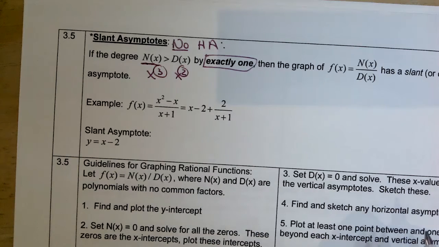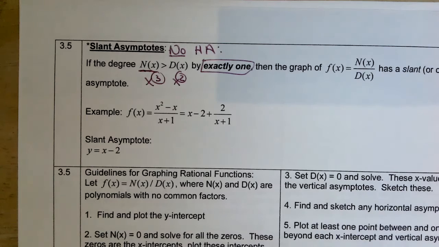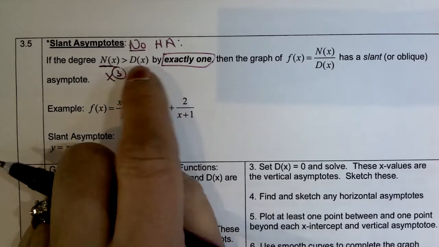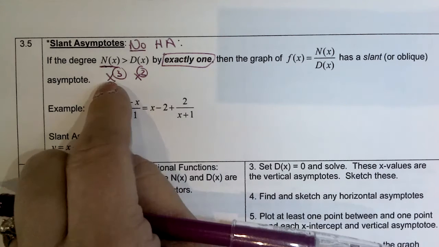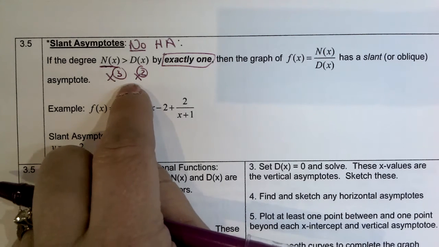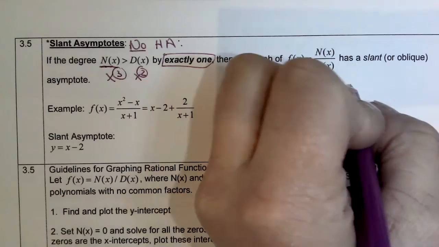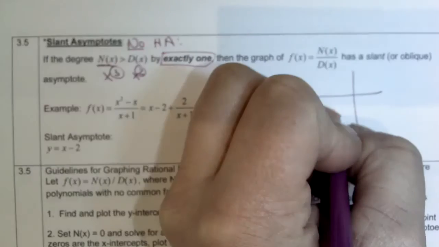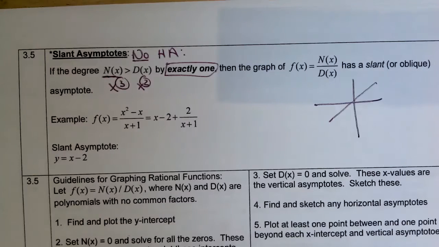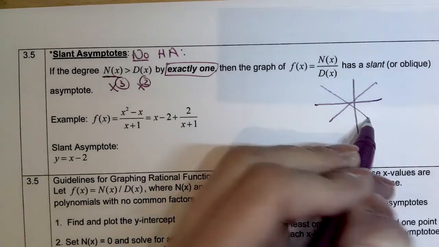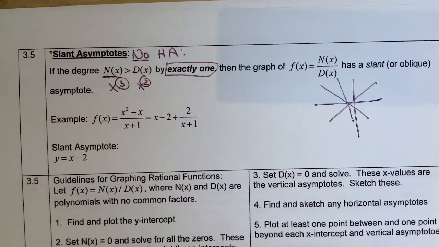So if there's no horizontal asymptote, then there's a possibility that you would have a slant asymptote, if the difference between the exponents is 1. A slant asymptote is just what it sounds like. It's just a line going some way other than vertical or horizontal. It could be going that way, it could be going that way, it doesn't matter, but we're going to wind up with the equation of a line.